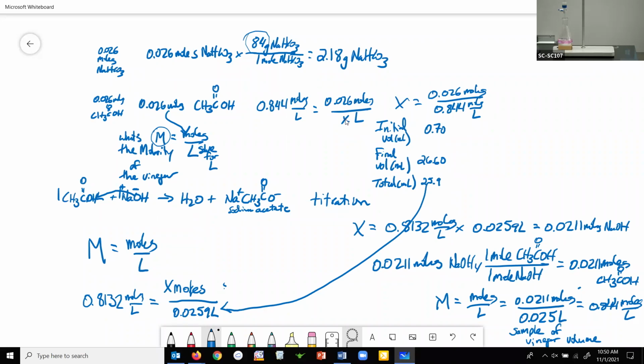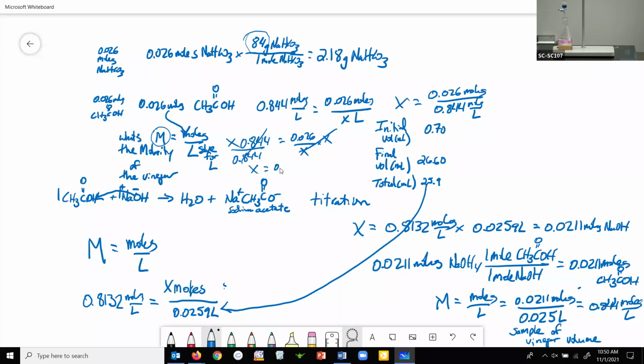So essentially, if I want to get X by itself, I have to get out of the fraction. So I can multiply it onto this side and then divide by the 0.844 on both sides. Just using the numbers here, 0.844 equals 0.026 over X. I need to multiply by X. Then divide by 0.844.